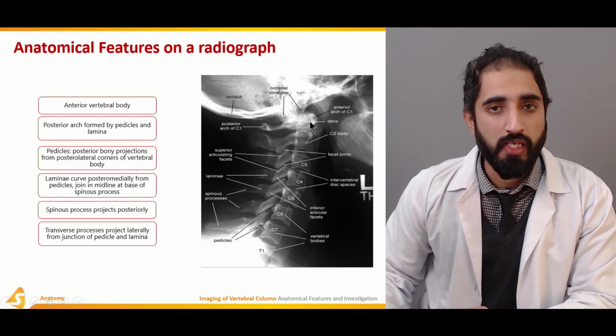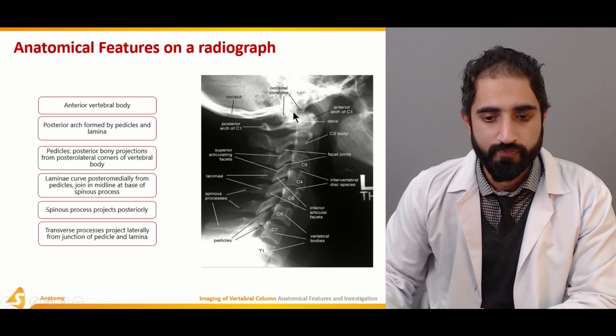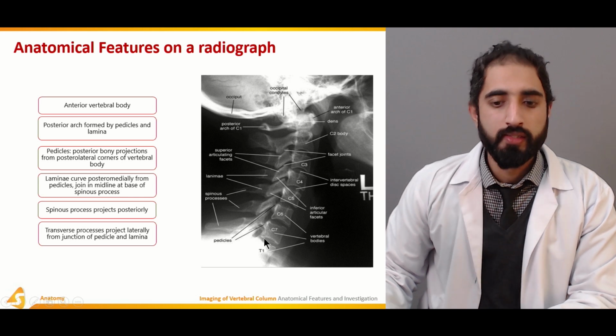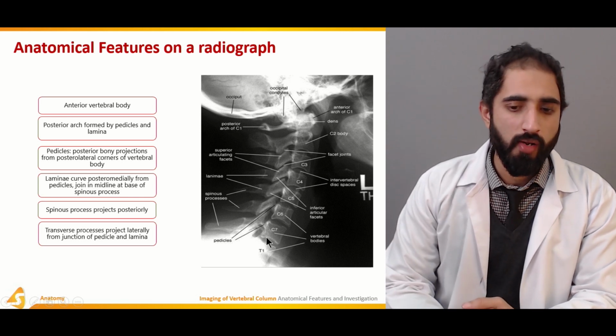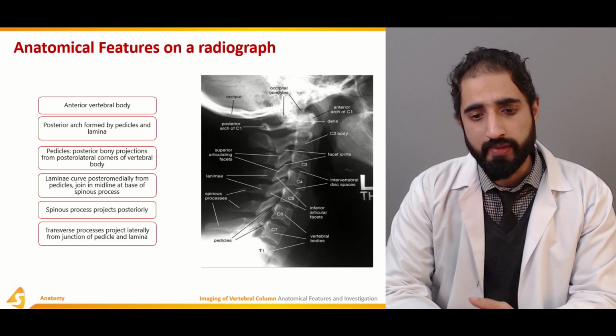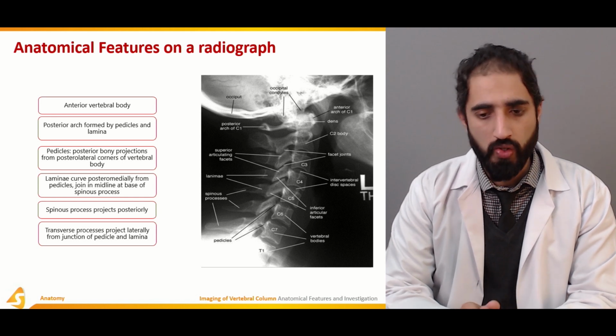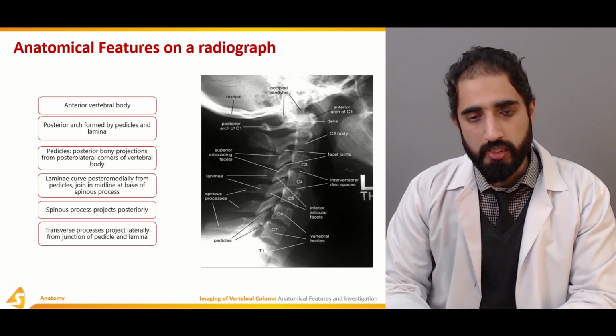The superior aspect of C1 articulates with the occiput in terms of the occipital condyles, as you can see here. C7 is also sometimes termed an atypical vertebra because it resembles a typical thoracic vertebra.